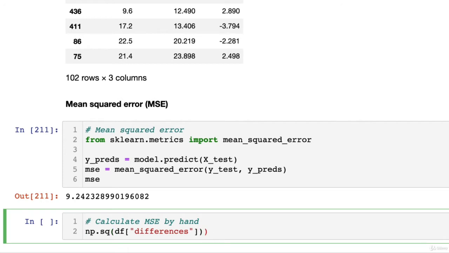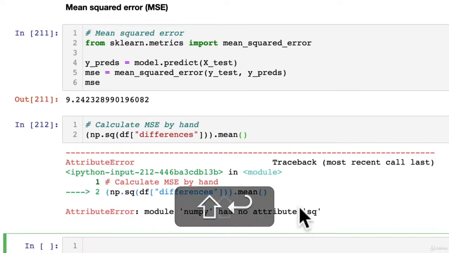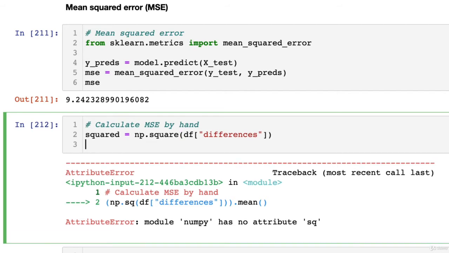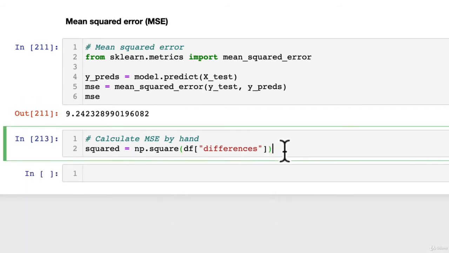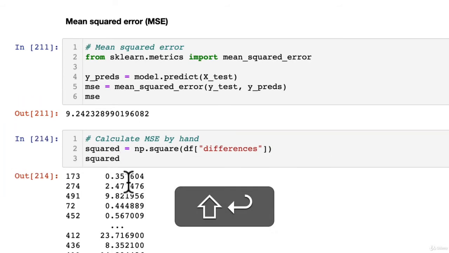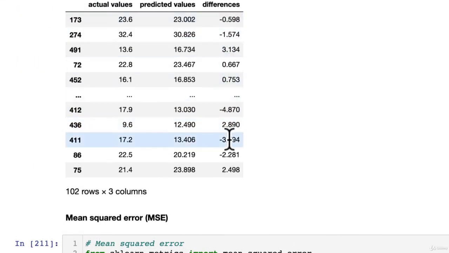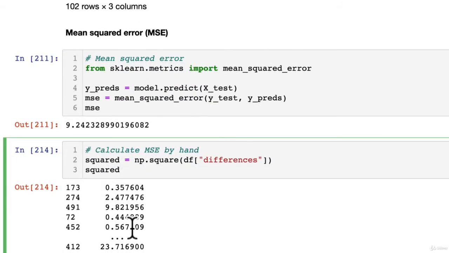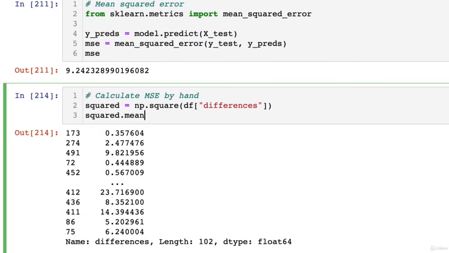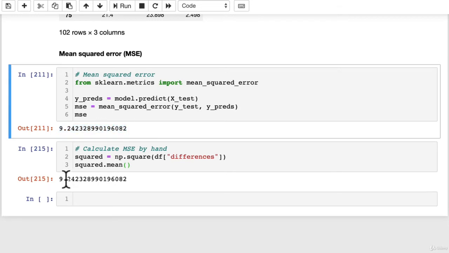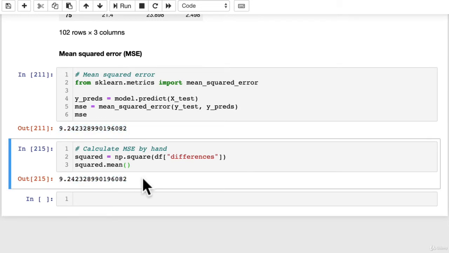So actually, let's put that in brackets. Can we do that .mean? Right. Squared equals that. What does squared look like? Okay, so this is going to take this column here as squared. Now, to calculate the MSE, we just need to take the mean of squared. Beautiful. There we go. See? That's how we calculate the mean squared error.